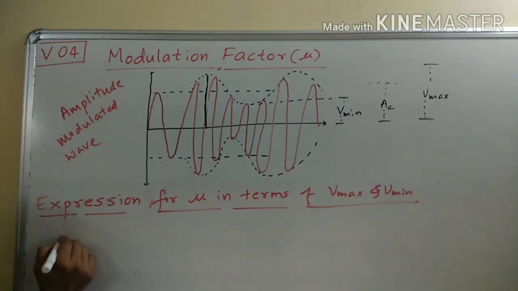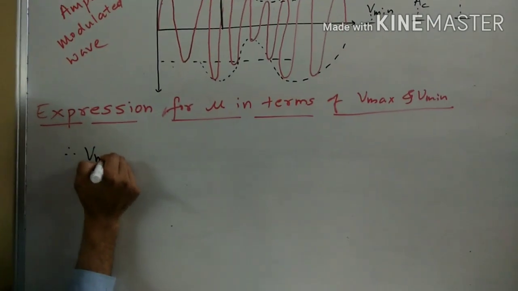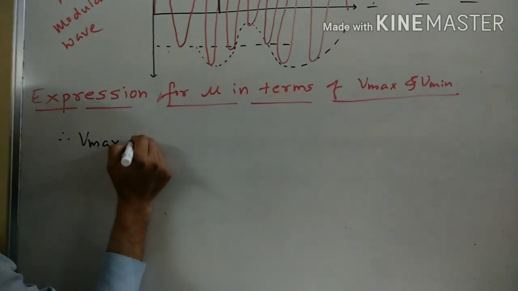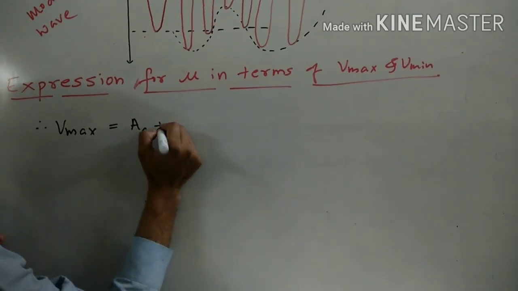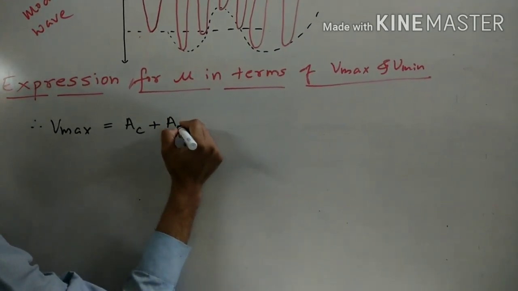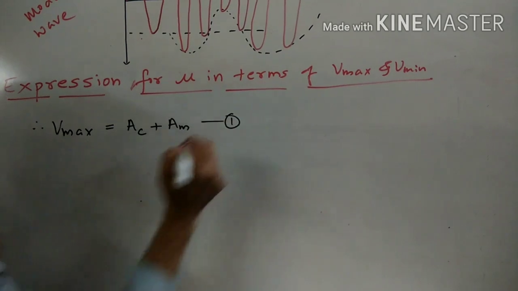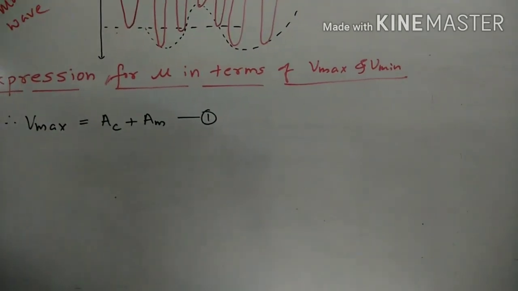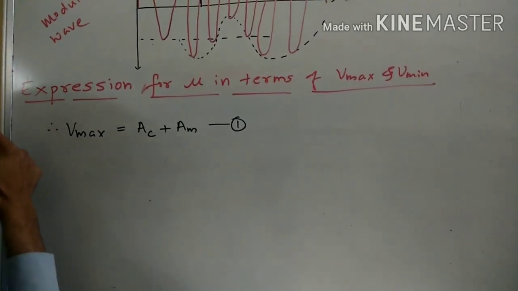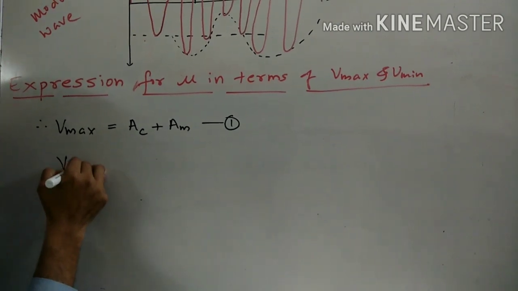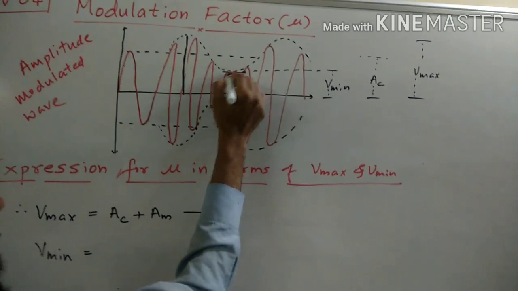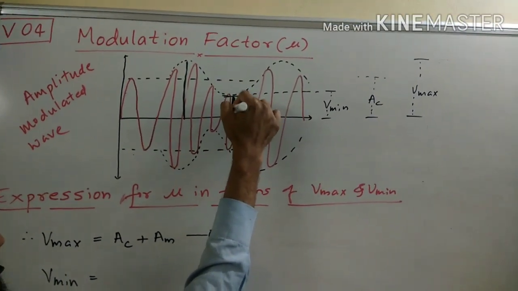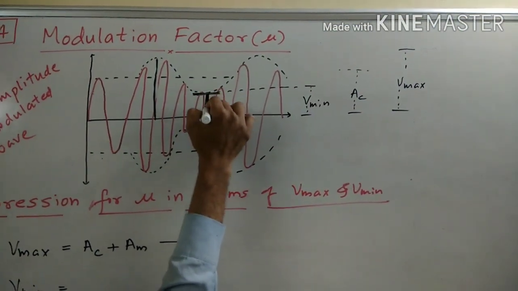Therefore V maximum can be written as amplitude of the carrier signal plus amplitude of the message signal. Now similarly, V minimum is from here to here. This is the minimum amplitude of the amplitude modulated wave.